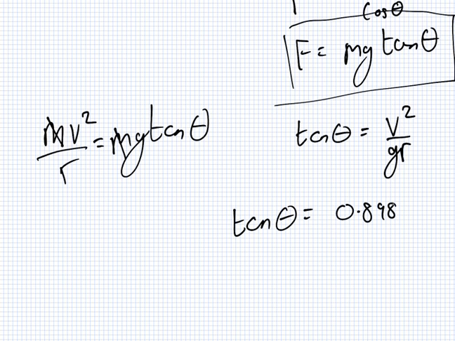What is it? 0.8987. Okay. So what does theta equal? In radians, 0.73. So 0.73 radians, and what was it as degrees? 41.9 degrees.